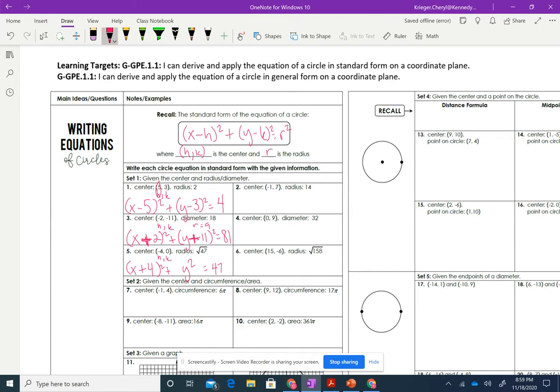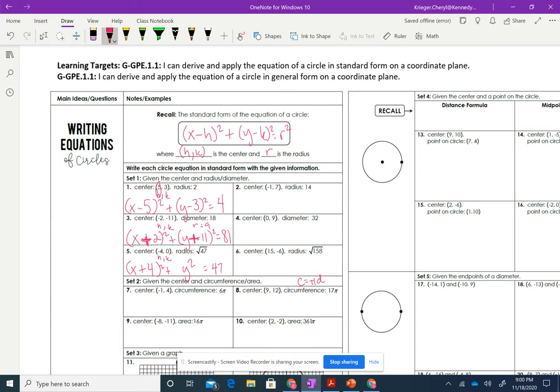Okay, so if we're given the center and the circumference or the area, this time I'm going to try number 8 and 10, and I'll leave 7 and 9 for you. So if I'm given the circumference equals 17π, let's recall the circumference formula is π times diameter.